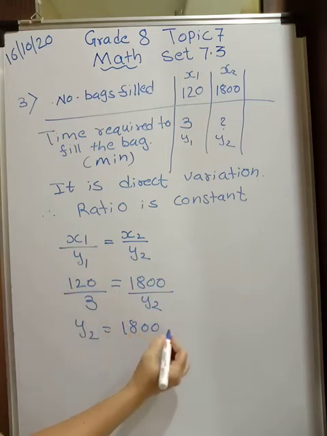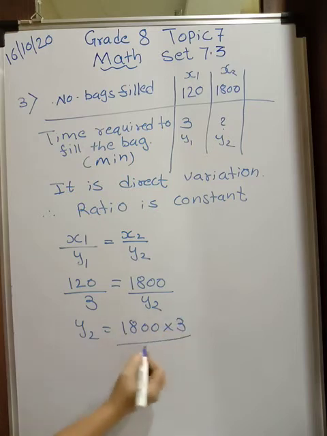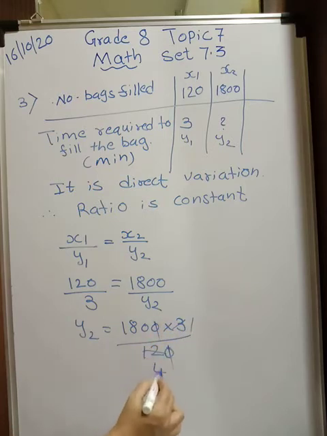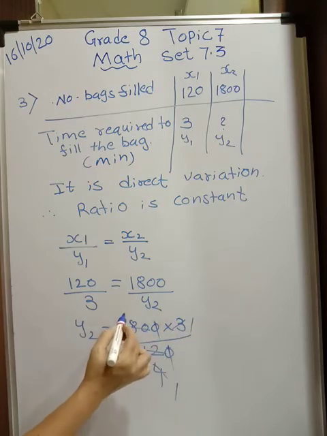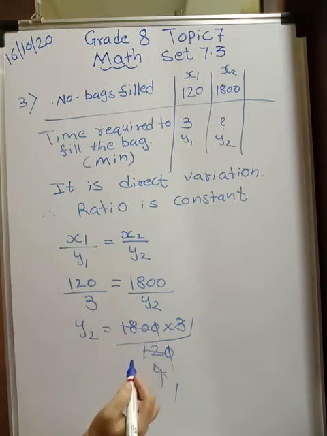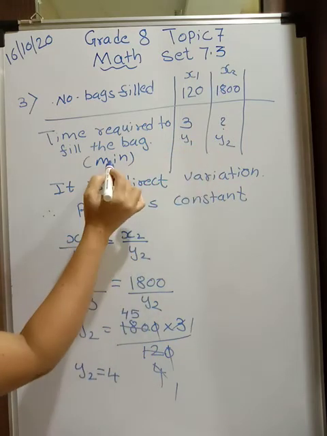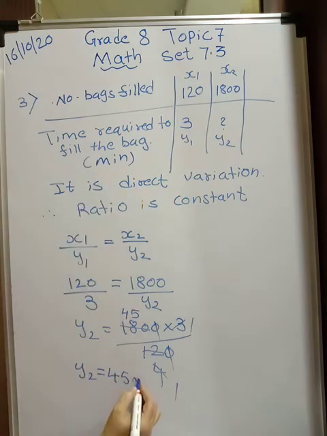So 1800 into 3 upon 120. Alright. 3 ones are 3, 3 fours are 12. Then you have 4 fours are 16 and 4 fives are 20. Alright. So what is y2? y2 will be equal to 45 minutes.